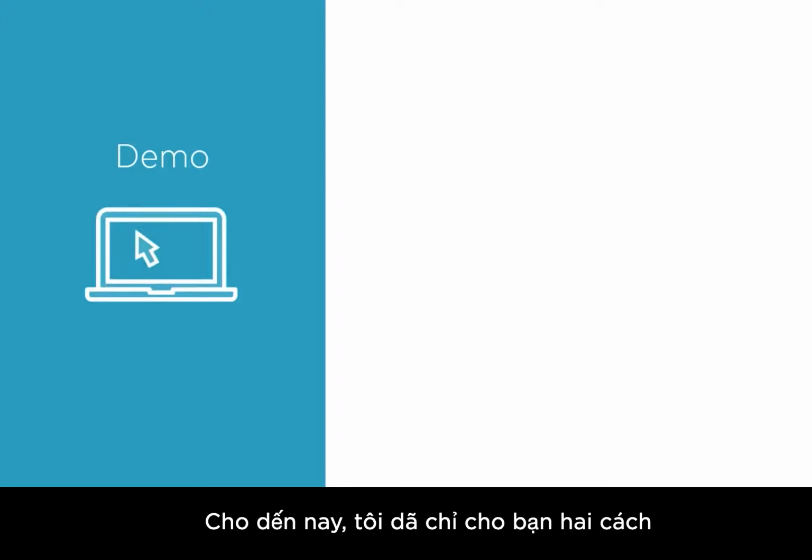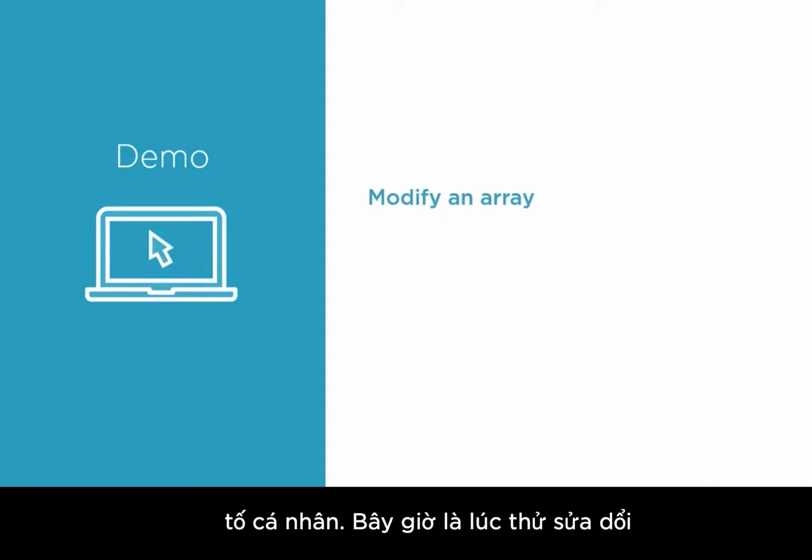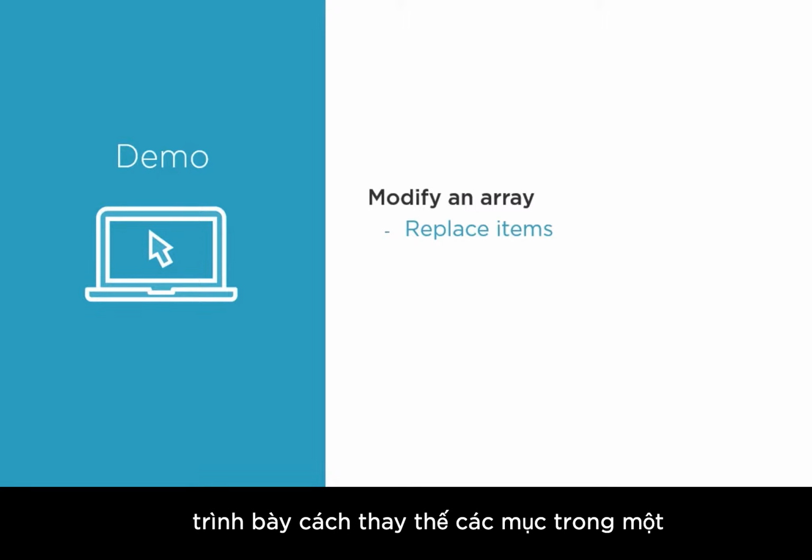So far, I've shown you 2 different ways to read data that is in the array: enumerating all elements and looking up individual elements. Now it's time to try modifying the array. Specifically, the next demo will demonstrate how to replace items in an array.